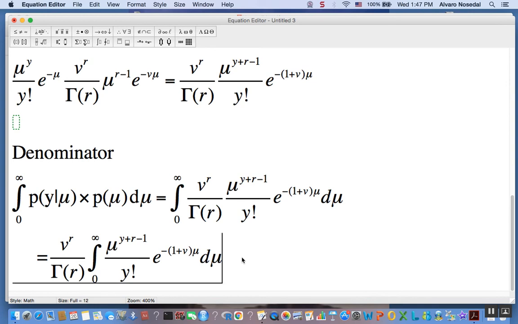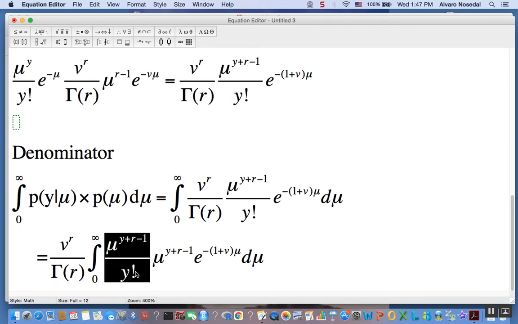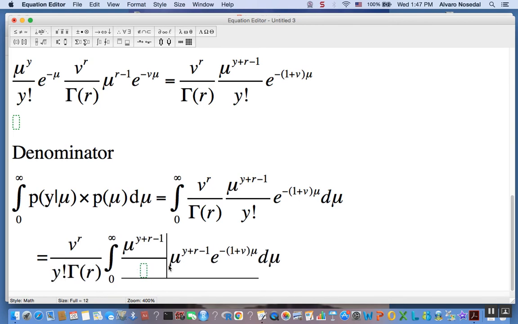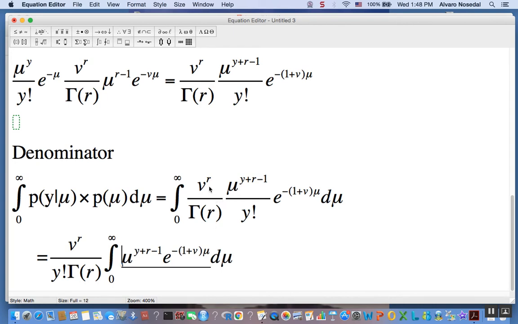They come from the prior distribution, okay? That y factorial is also constant with respect to mu. So let me write this down here, and let me pull out that y factorial and place it here in the denominator like that. Makes sense? So we just pulled out those constants, and we left only inside the integral the terms that involve mu.